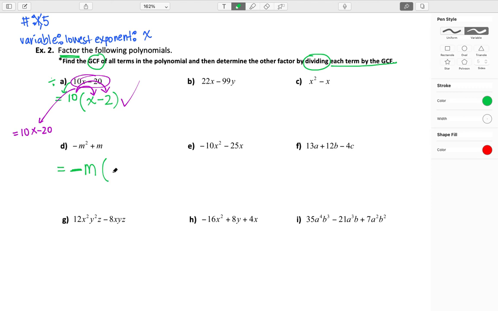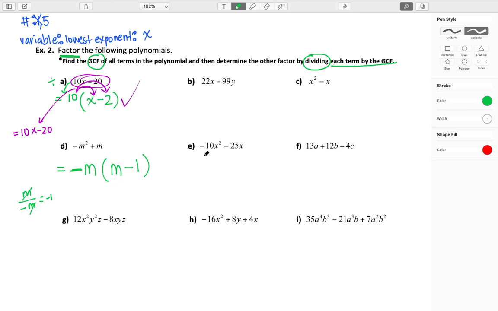So then bracket. Negative m squared divided by negative m is positive m, and positive m divided by negative m, cancel, you're left with negative 1. And there you have it, you just factored that.